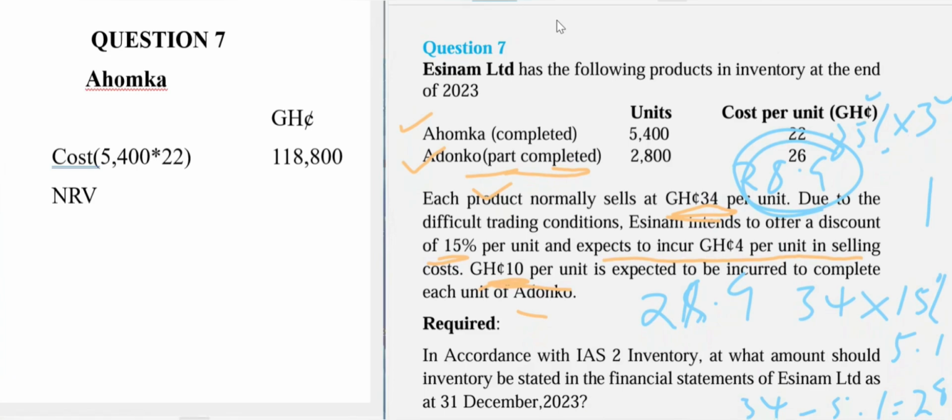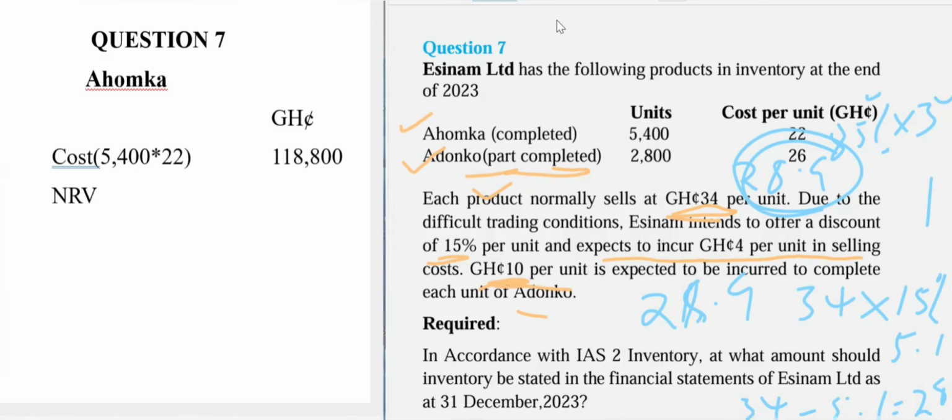So what I am driving at is that the 34 cedis is the price before the discount. So just deduct the discount, that's all. Pick your calculator, find 15% of the 34 to get the discount. When you get the answer, deduct it from the 34, then you get the price after the discount. Or you can just punch 85% of the 34 cedis.